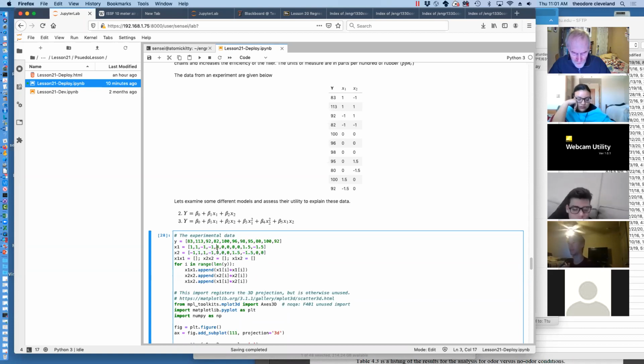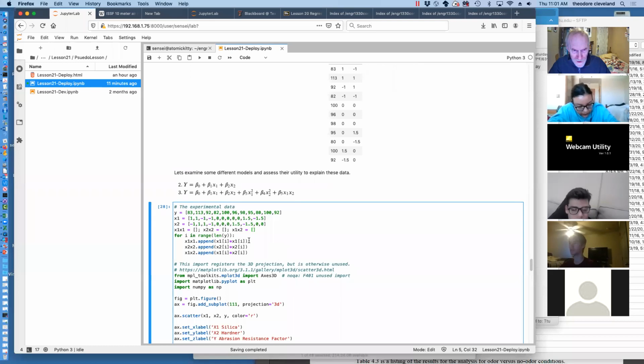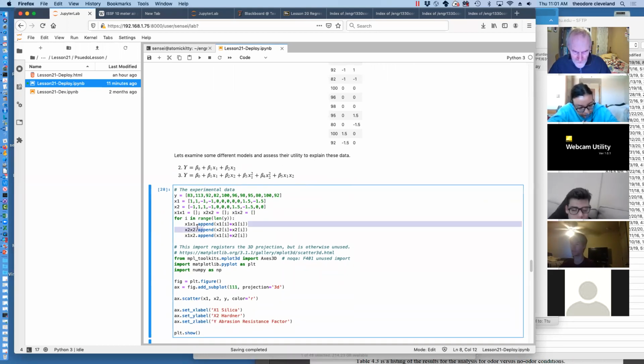So 0 means there's no addition, 1 means we've increased the amount, and -1 means we decrease the amount. To construct equation 2, we basically have everything we need. We have x1 and x2, but to construct equation 3, we're going to need x1 squared, x2 squared, and x1 x2. So we'll create room for that, and here we'll simply do the arithmetic.